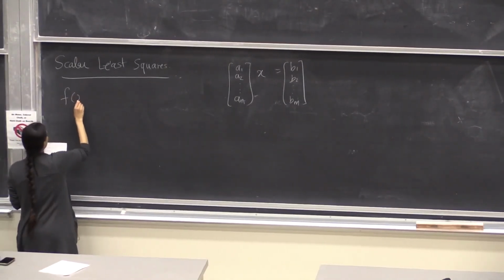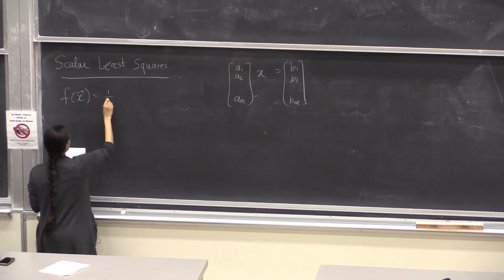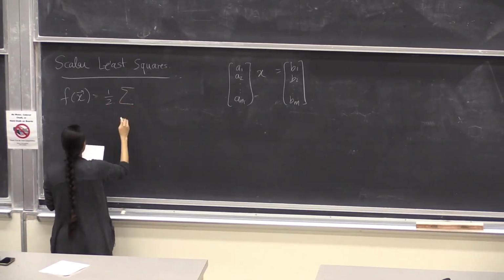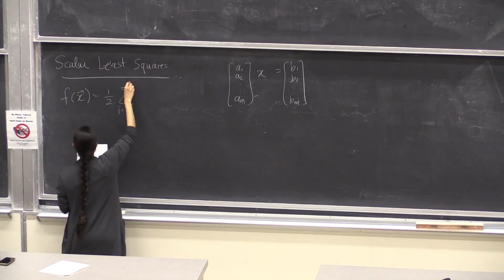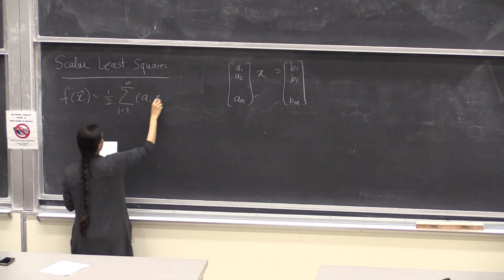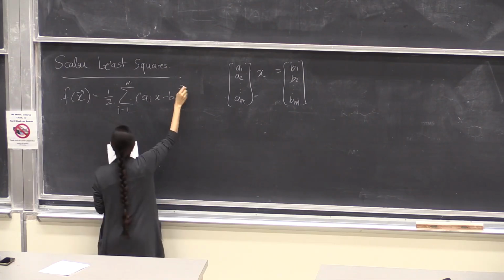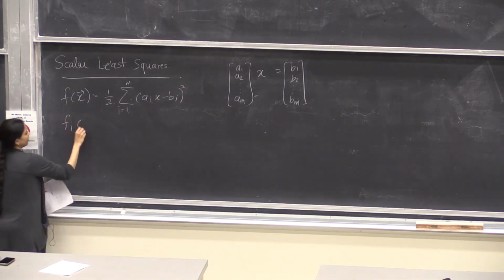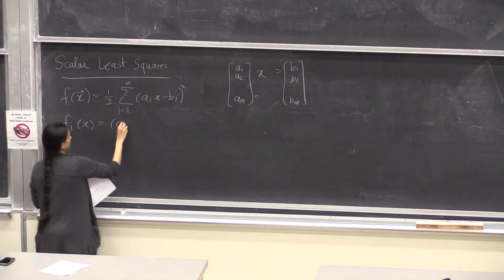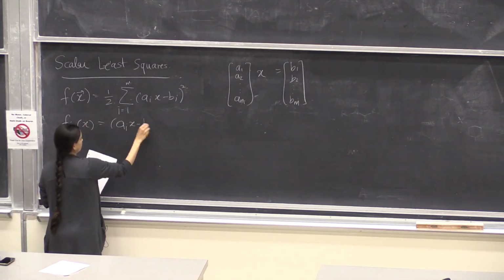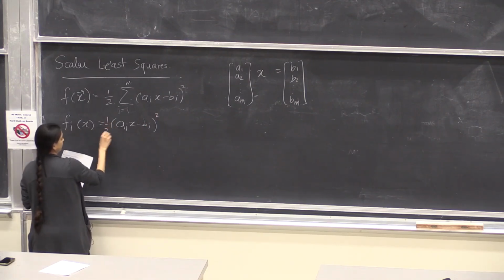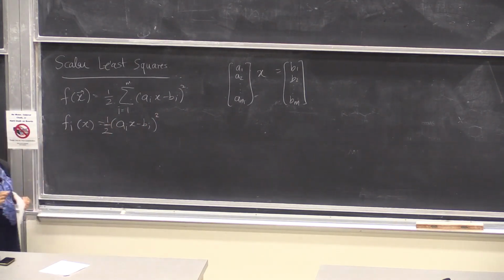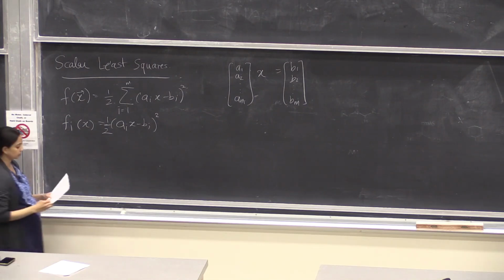So here, I'm going to write my f of x. Let me write it explicitly here. This is f of x, and this is my f_i of x.